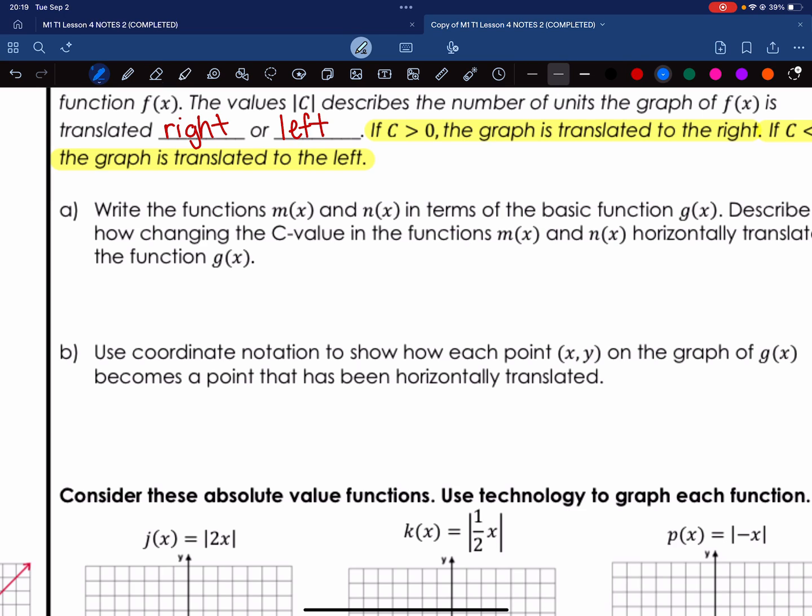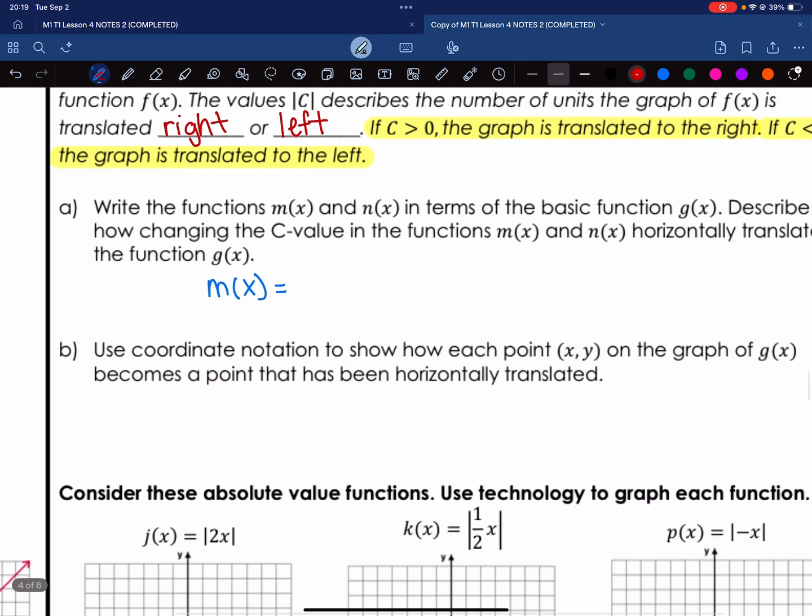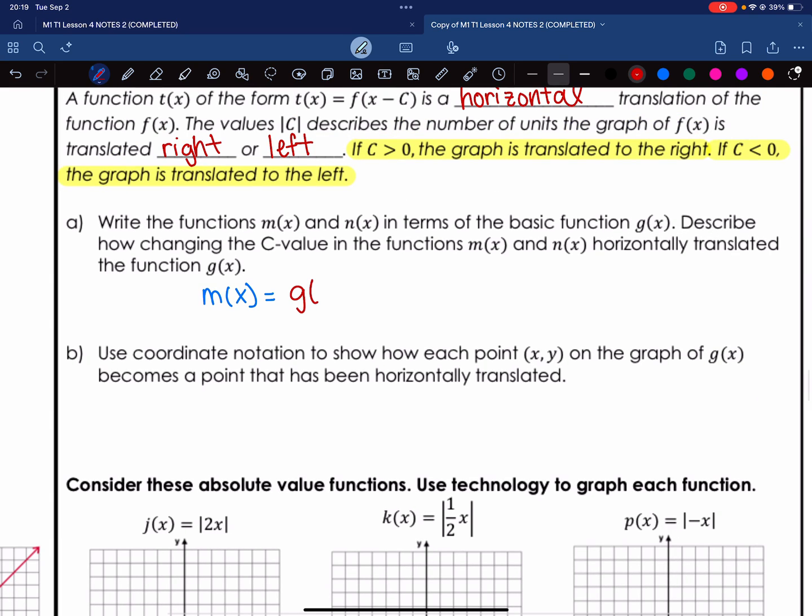So we have m of x equal to g of x minus 2, and then we had n of x, which is equal to g of x plus 2.